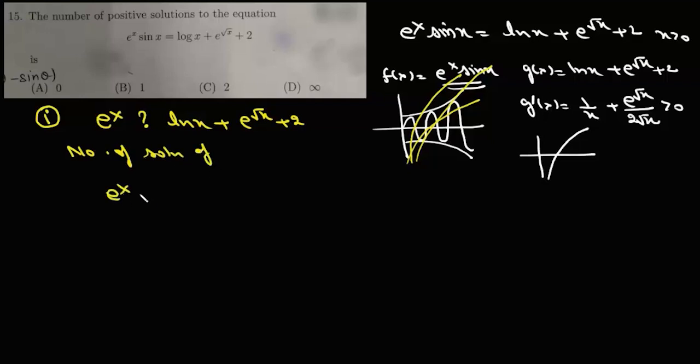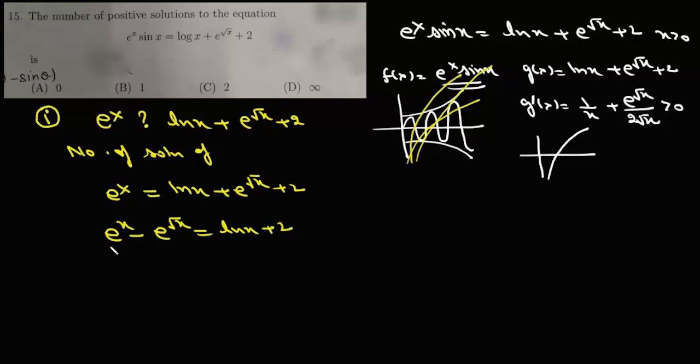So the first part of this problem will be to define the relation between e to the power x and this other function, log x plus e to the power under root x plus 2. So what we'll do is first find the number of solutions of this equation: e to the power x equals log x plus e to the power root x plus 2, or e to the power x minus e to the power root x equals log x plus 2.